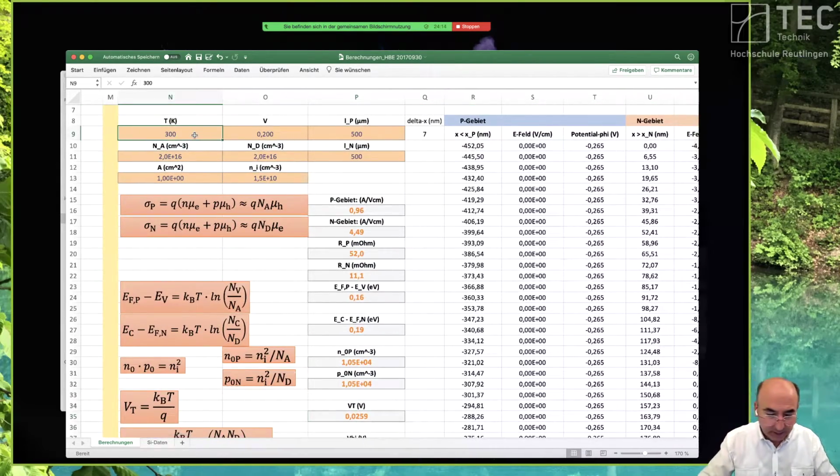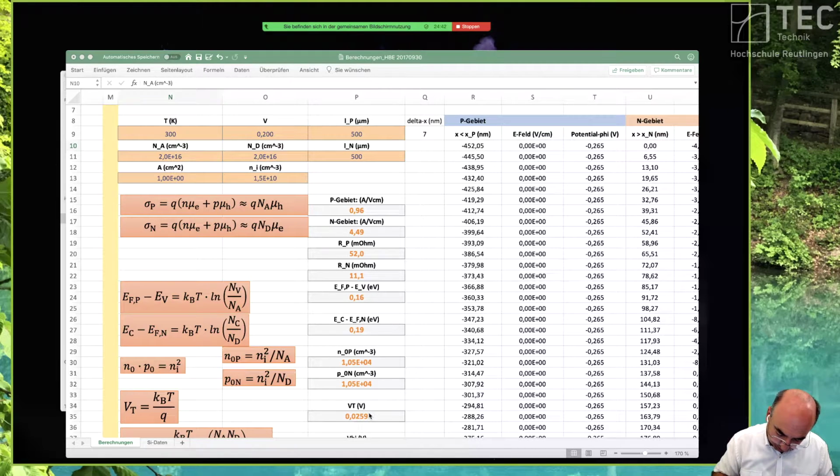So let's put it to 400 Kelvin. Then the thermal voltage is 34.5 millivolt. And room temperature, 300 Kelvin, gives us 25.9 millivolt. So if we talk about the thermal voltage, we talk about roughly 25.9 millivolt at 300 Kelvin.